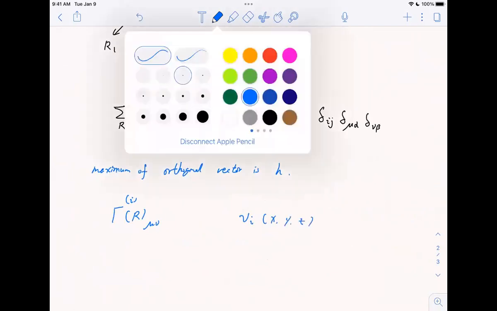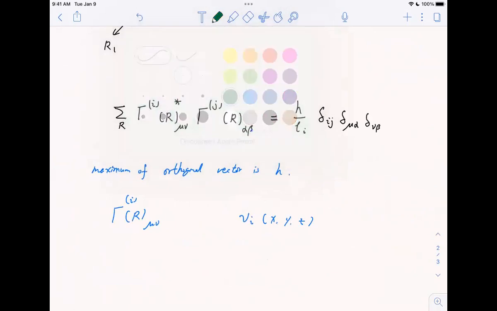So you can make the comparison. This is R XYZ. So this one corresponds to this.